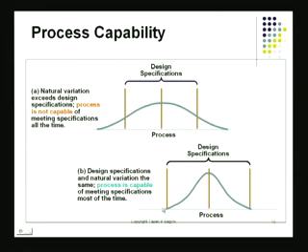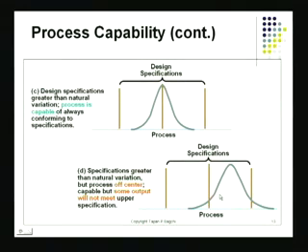And if a process fits exactly within, we say the process is capable. It has a CP at least equal to 1. Hopefully, it should have a CP that is more than 1. More than 1 is always better, and certainly below 1 is not acceptable.